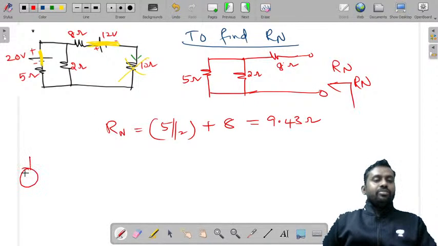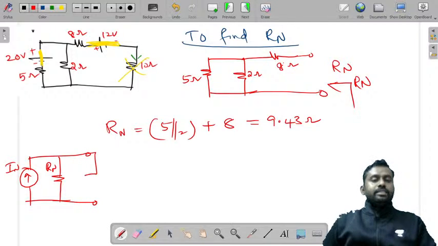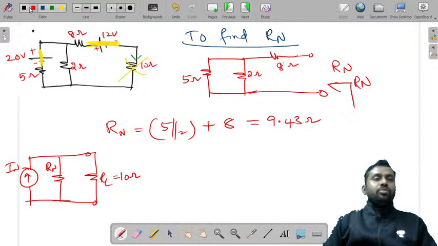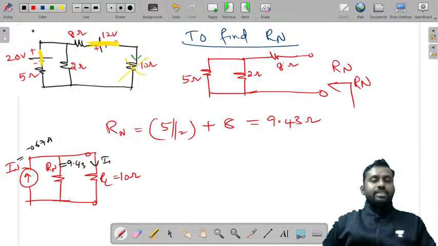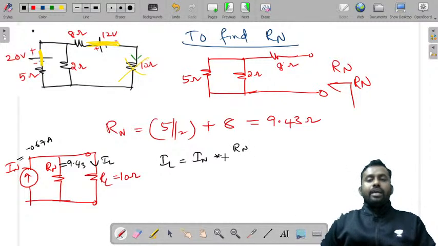So what is Norton's equivalent circuit? This is IN, this is Rn and this is RL. RL is equal to 10 ohms and we know IN is equal to minus 0.67. Rn is equal to 9.43 and if this is IL, load current is equal to total current IN into opposite branch resistance RN by RN plus RL.